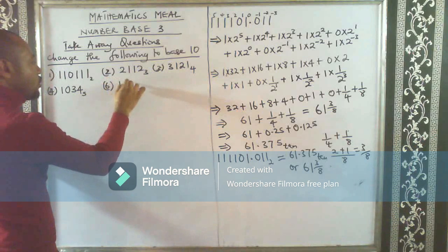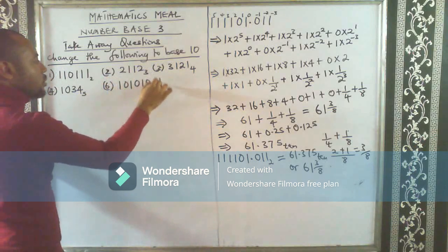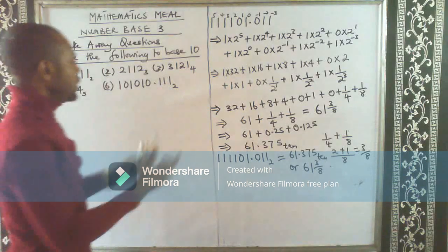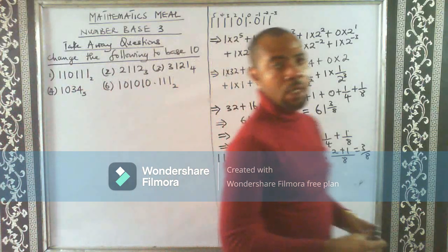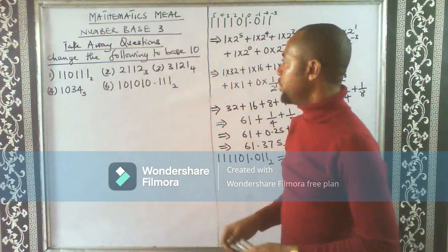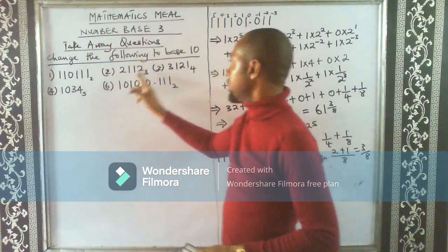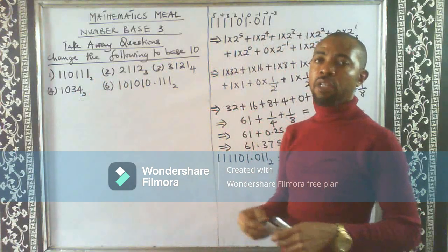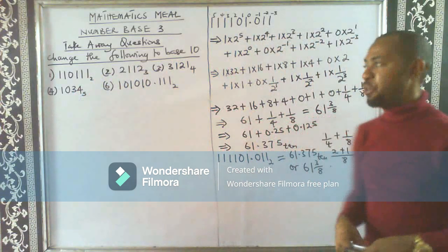Let's change all these numbers to base 10. This one is in base 2, this one is in base 3, this is in base 4, this is in base 5, this is in base 2. Just convert them to base 10.